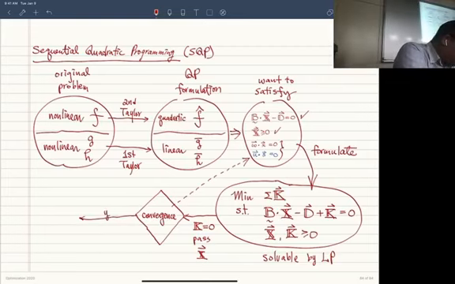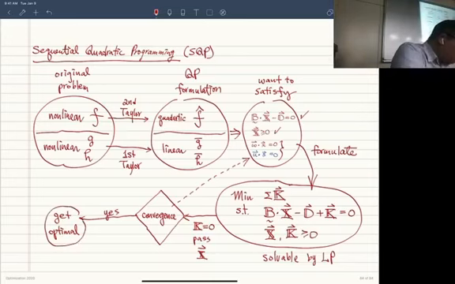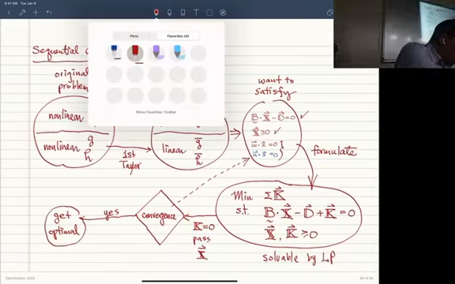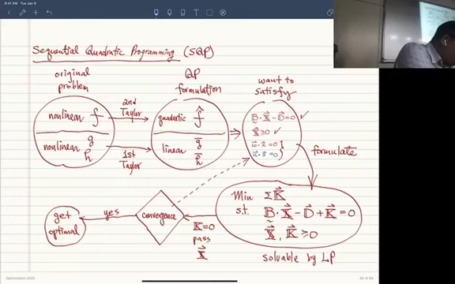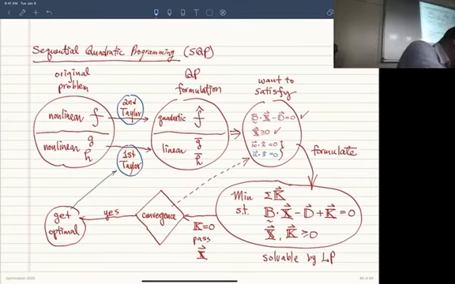So if converged, if yes, you get optimal. But when you get optimal, it's actually the optimal based on your approximation. So remember, you did several approximations here. So your optimal is the optimal based on these approximations.